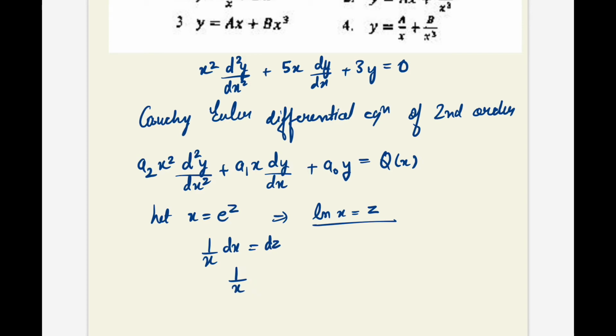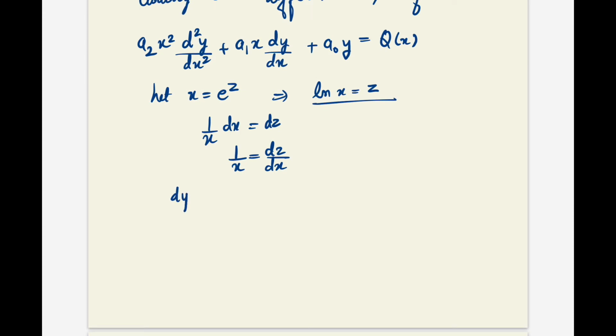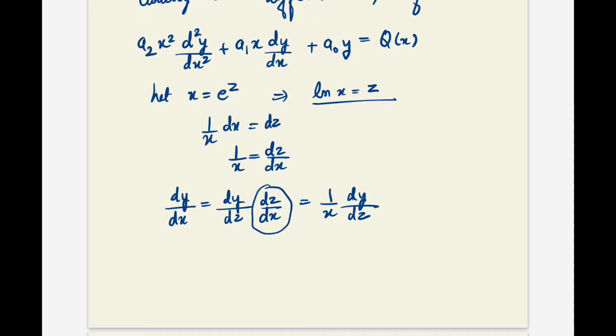This becomes 1 upon x, dz/dx. Then dy/dx can be written as dy/dz times dz/dx, which is 1 upon x times dy/dz, since dz/dx is 1 upon x. Substituting the value from this, x dy/dx equals dy/dz.